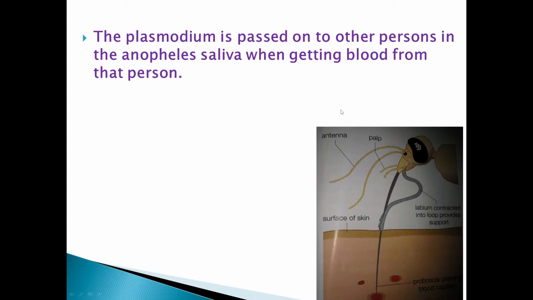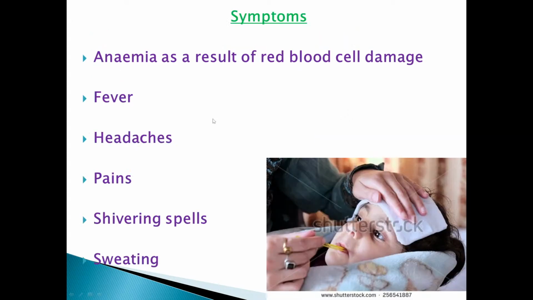You can definitely have a whole lot of pain, shivering, and the shivering spell. What I mean by shivering spell is that you don't just tremble continuously. Now and then you tremble for this hour, for this minute, and you're not going to tremble again until the next hour. That's what I mean by shivering spell.